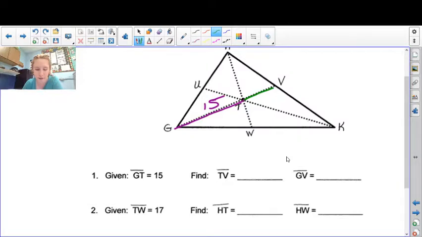So if he is a centroid, that means it's 2/3 the sides. So if I take that's half the size.